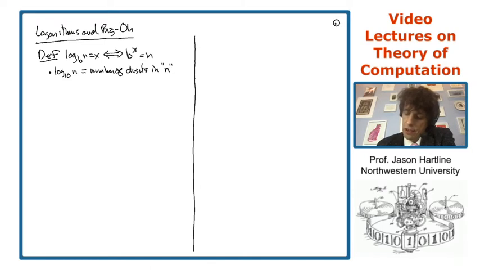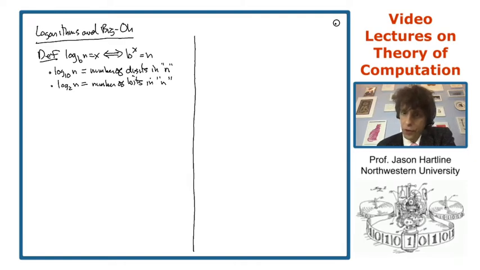And log base 2 of n is the number of bits in the number n. So we're going to be looking in this lecture at the relationship between the logarithm and asymptotic notation.